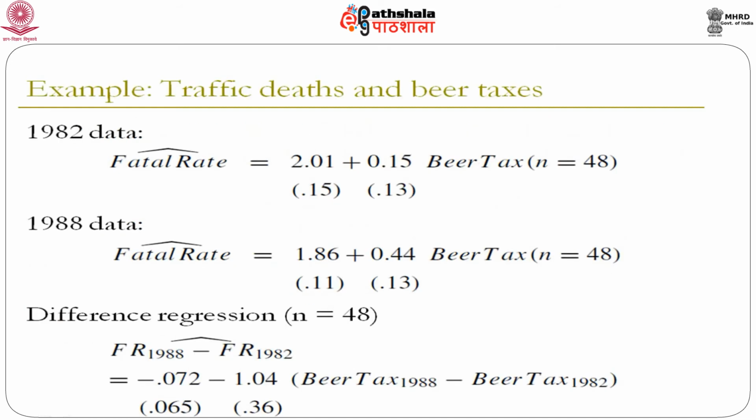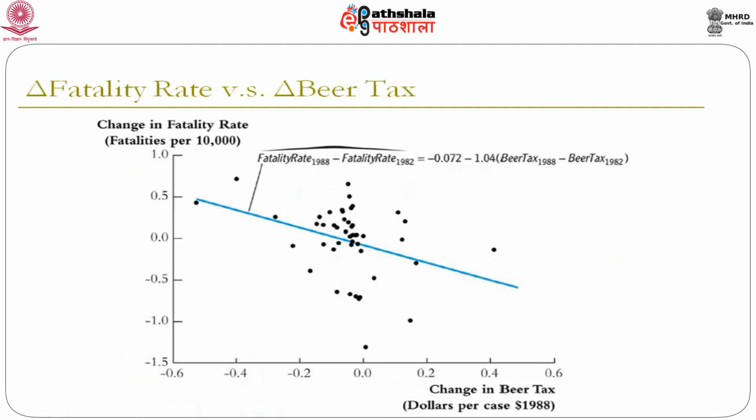So, if you do so, then you can estimate the 1982 data and similarly the 1988 data, the fatality rate as a function of beer taxes in each of these years, and you can form the difference regression, and then you can estimate the parameters of the regression.